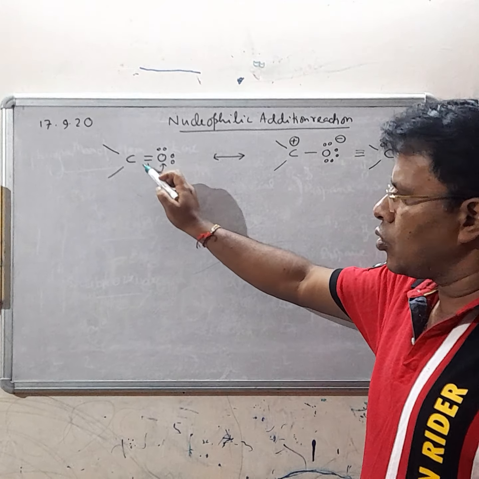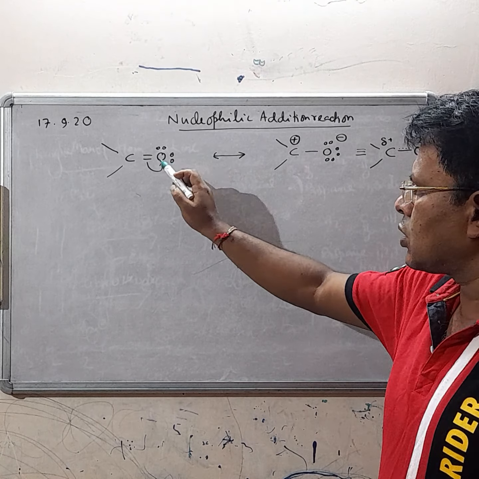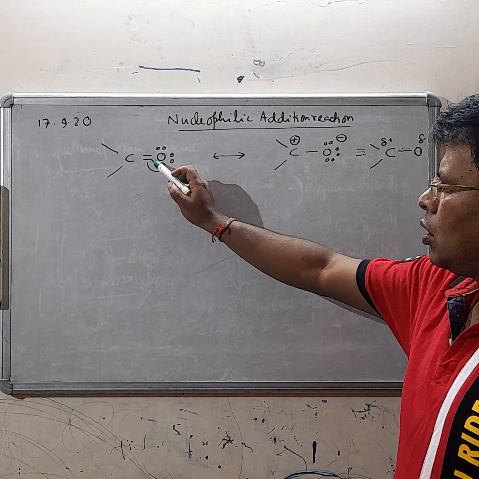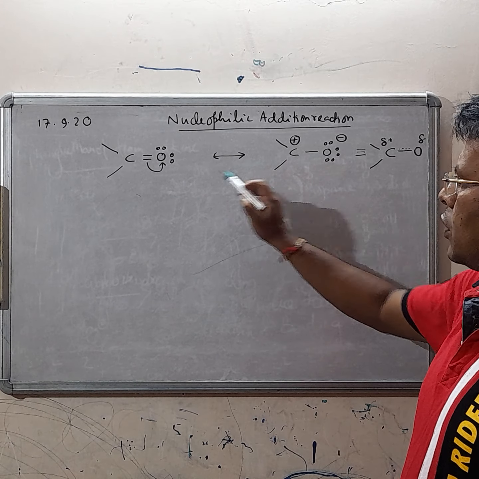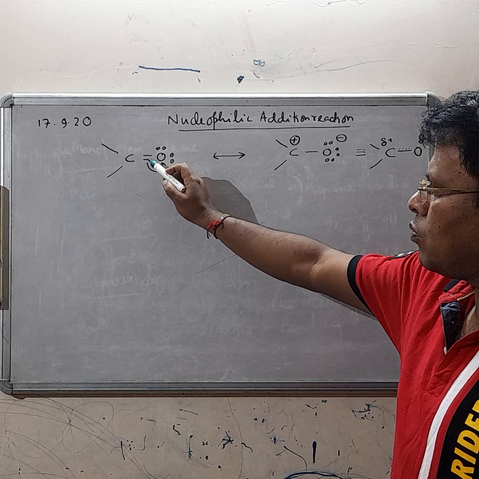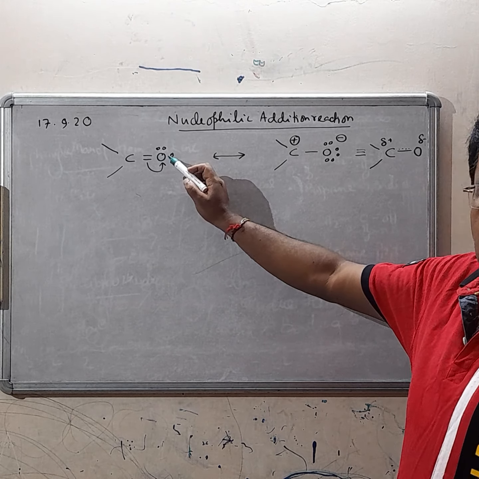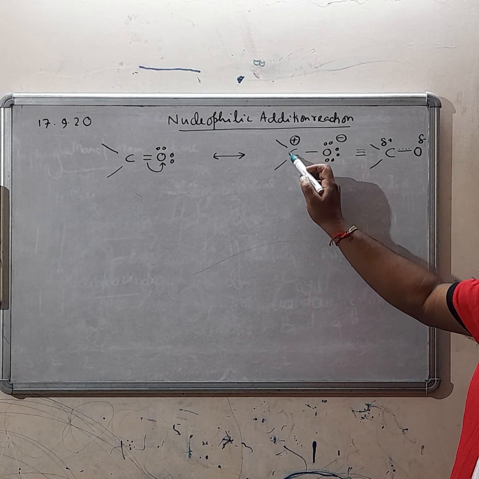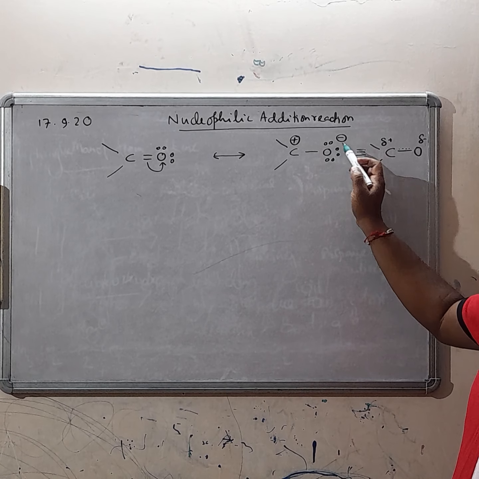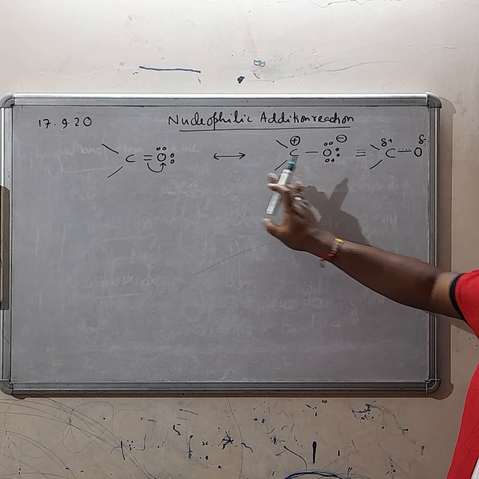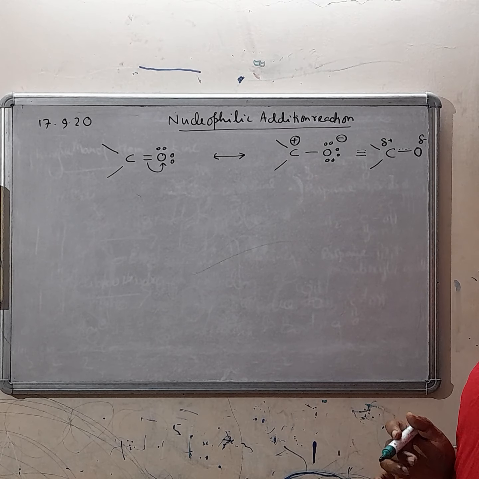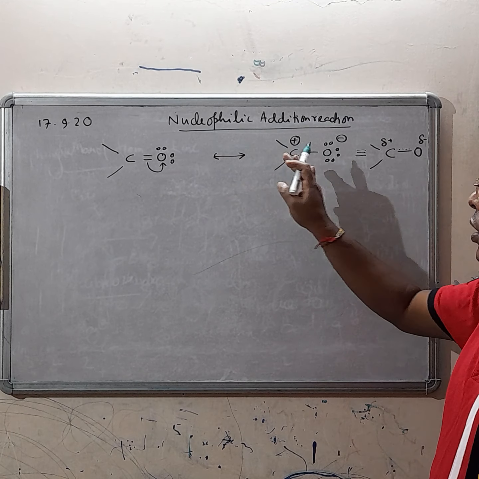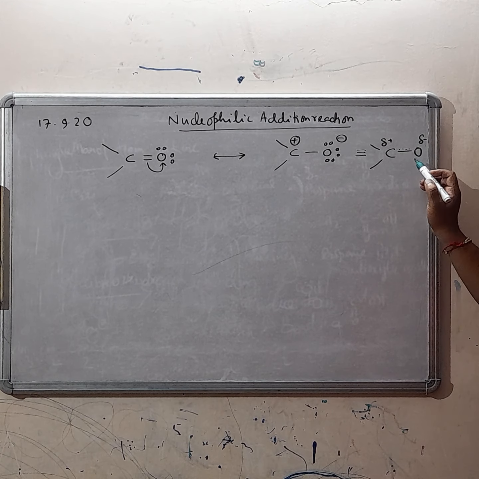Now, the carbonyl group has a resonating structure, because the pi bond electrons go towards the more electronegative oxygen, so there will be a plus charge on carbon and a minus charge on oxygen. These are the two contributing structures of the carbonyl group, and its resonance hybrid is this.